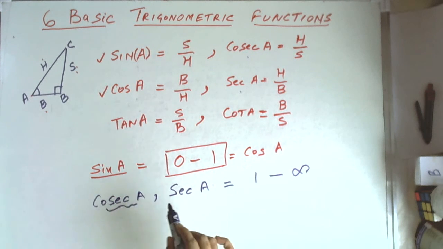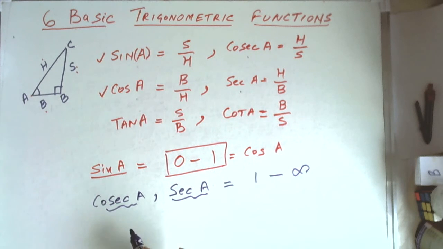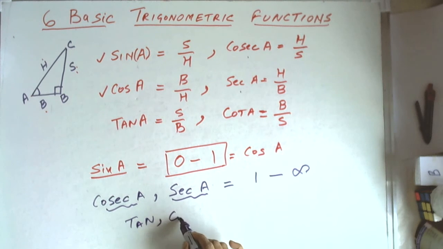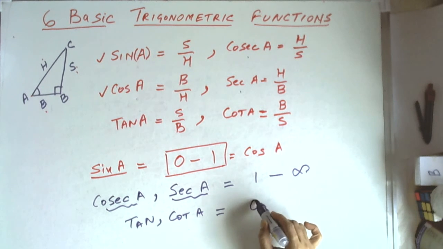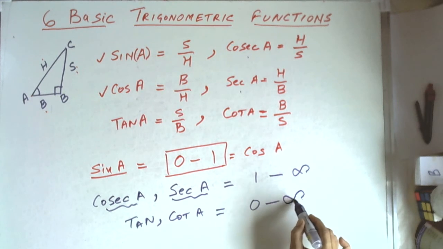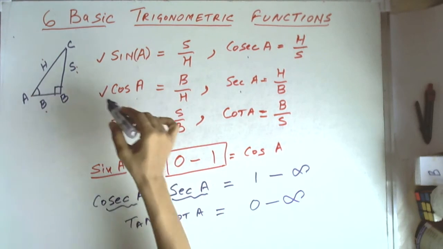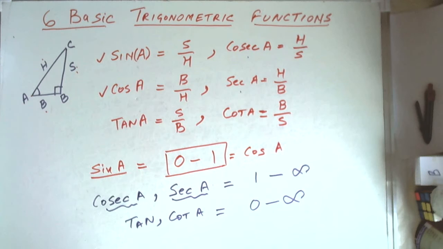And then tan A and cot A: remember that their value will be from 0 to infinity, because it is side over base, and the base could be very small while the side could be very big.